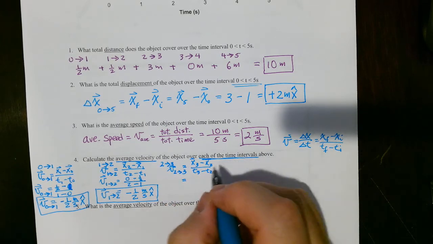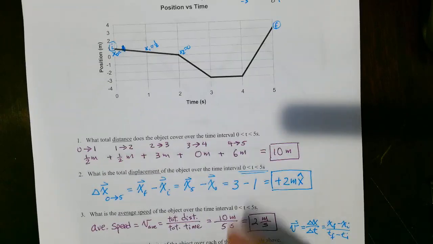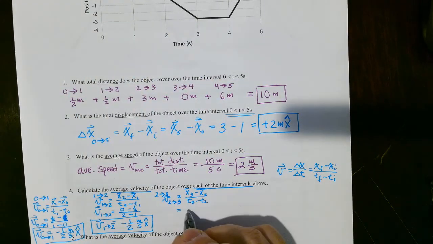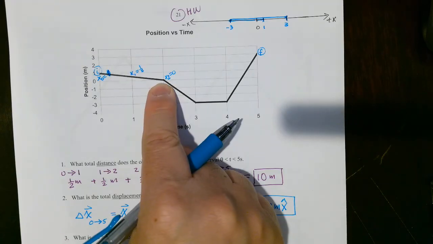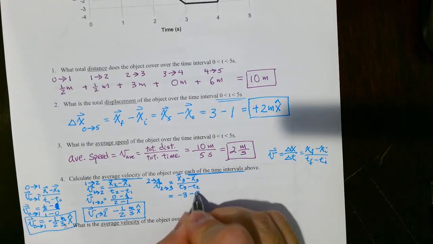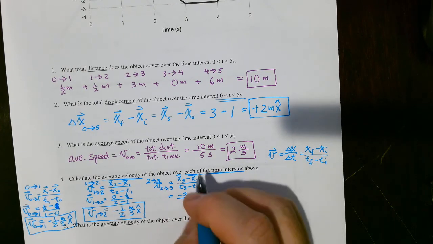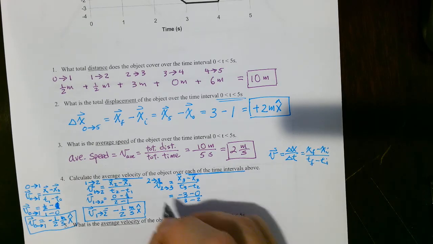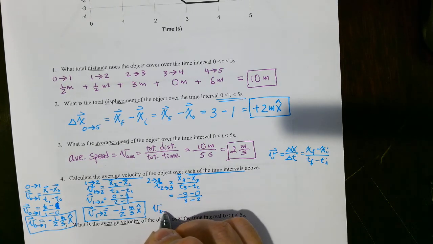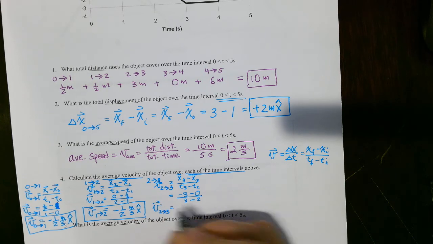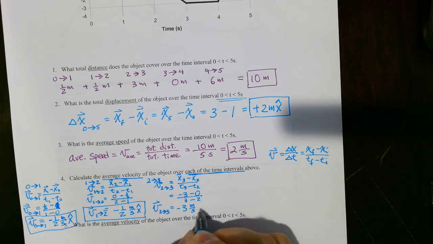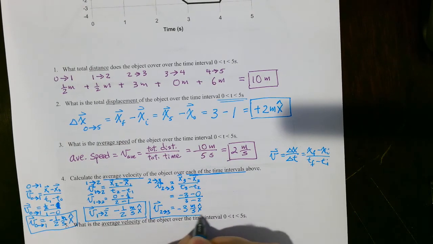Therefore, that is equal to -3 minus 0 over 3 minus 2. Therefore, my v of 2 to 3 seconds is equal to -3 over 1, so it's -3 meters per second x hat. Okay?